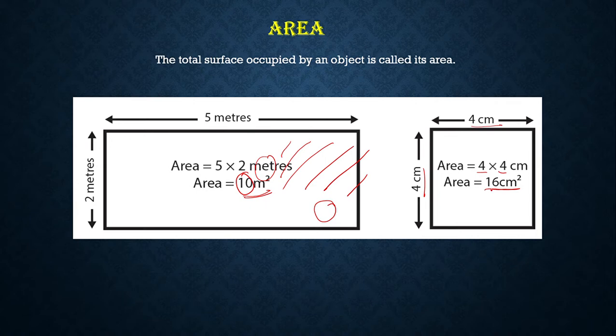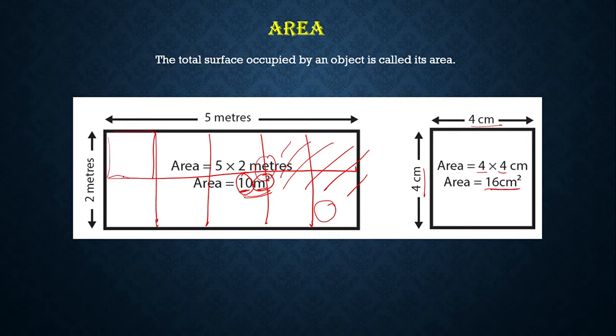So when you say that this is 10 meters square, that means there are 10 squares that are of meter size. Suppose this is 2 meters, you divide it into two parts, and this is 5 meters, you divide it into 5 parts. Now suppose this is 1 meter, 1 meter, 1 meter, 1 meter.